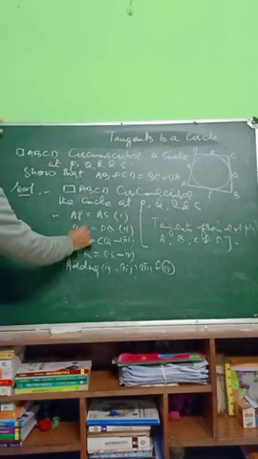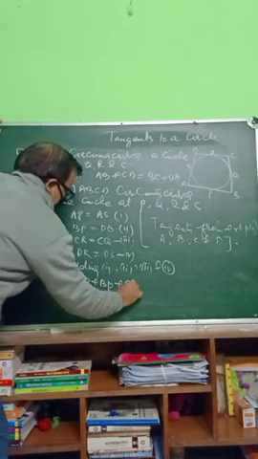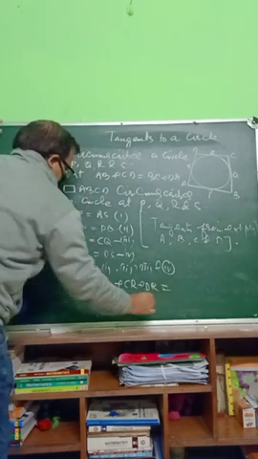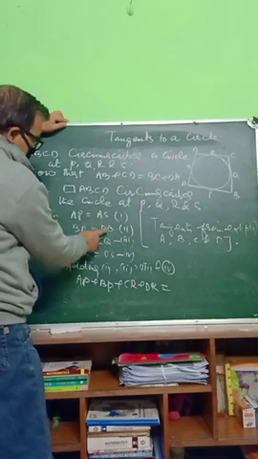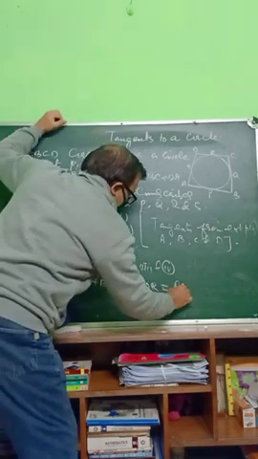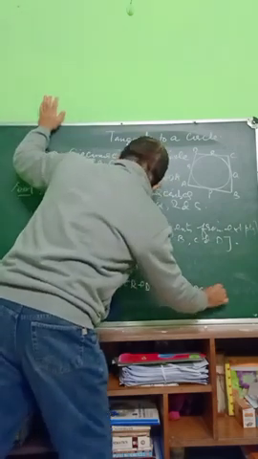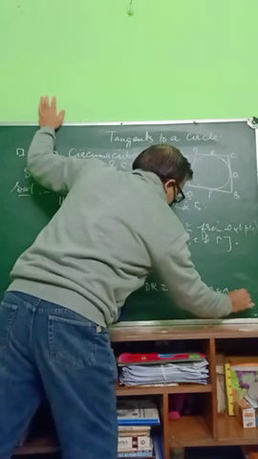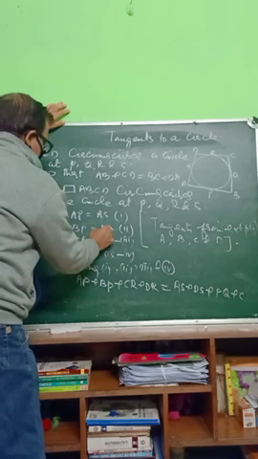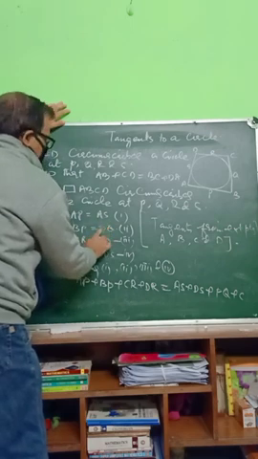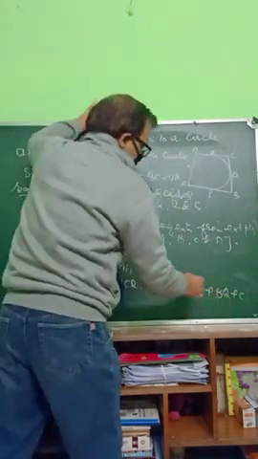AP plus BP plus CR plus DR is equal to AS plus DS plus BQ plus CQ, because S is here and here is also S, so we will make AS and DS together.